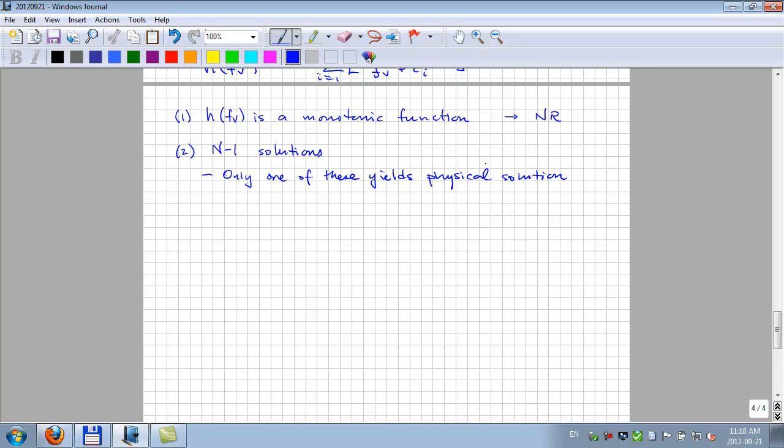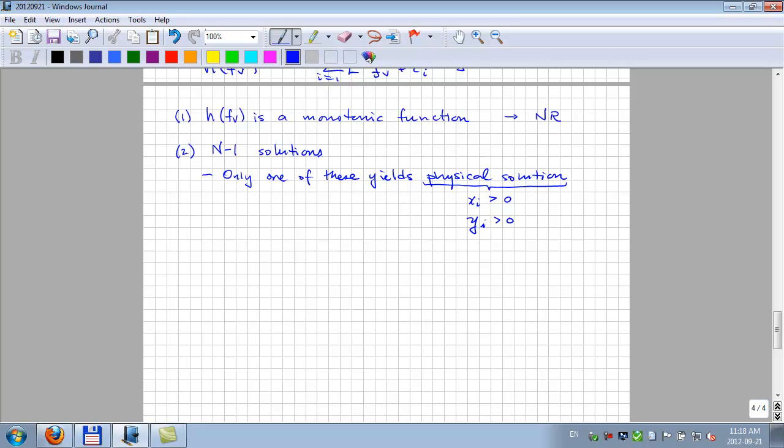And by physical solution, what we mean is that both the calculated xi are positive for all components and the calculated yi for all components are positive. There are no negative.